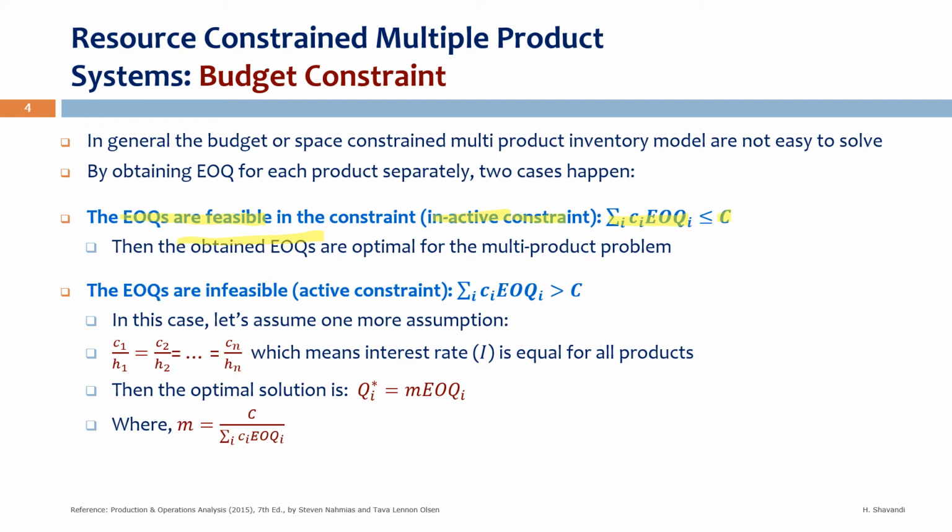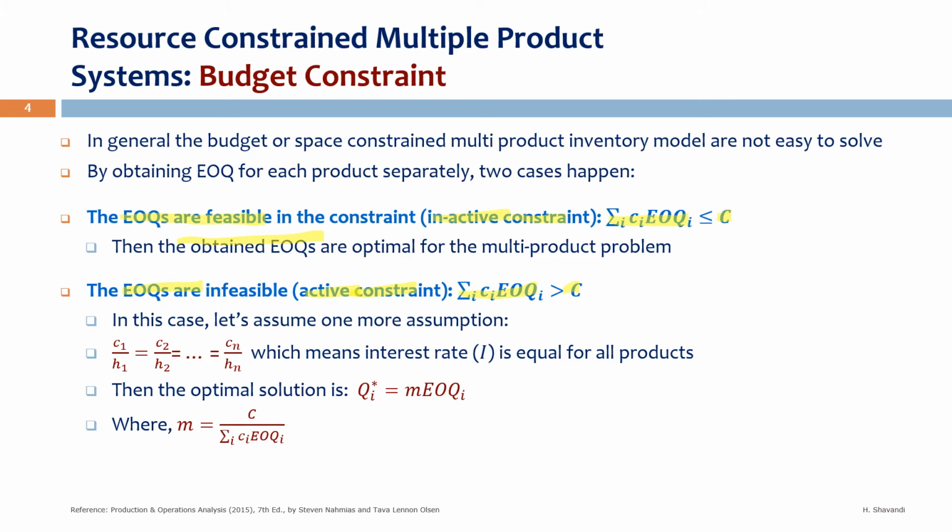The second case is that the EOQs are infeasible, like our example. Here the constraint is active, and the total purchase cost is greater than our budget. So in this case, we need to modify the quantities in order to make them feasible for our constraint.